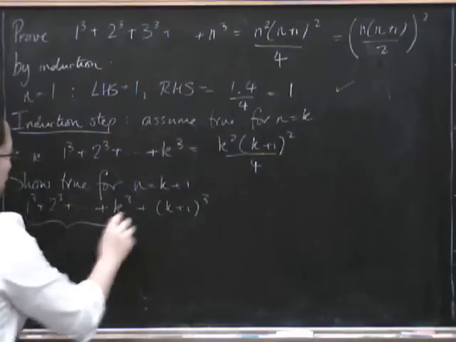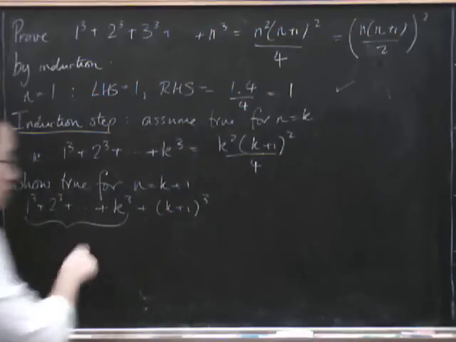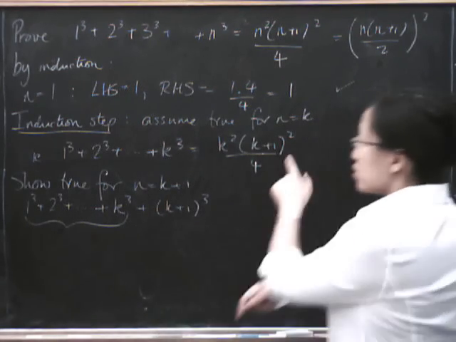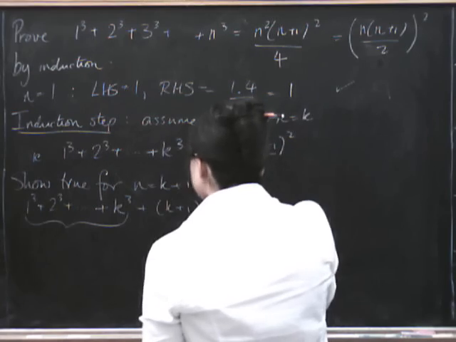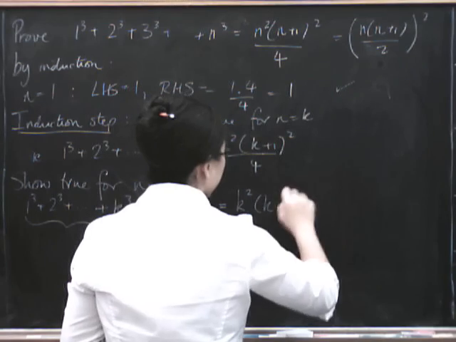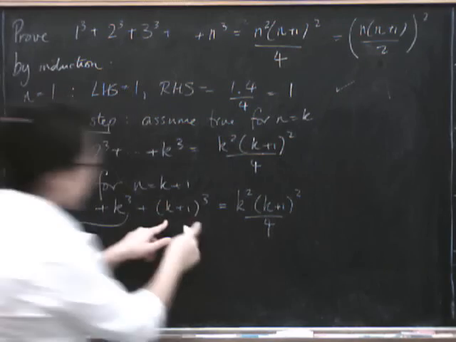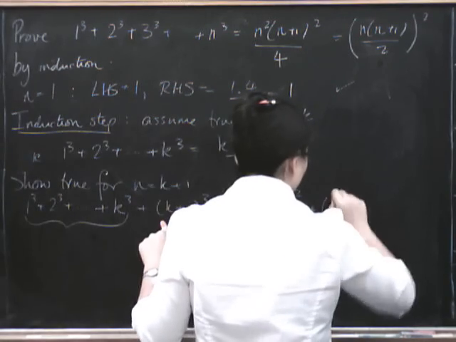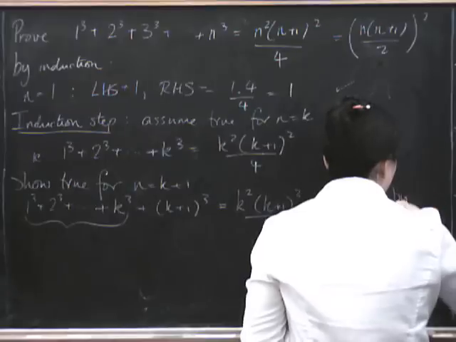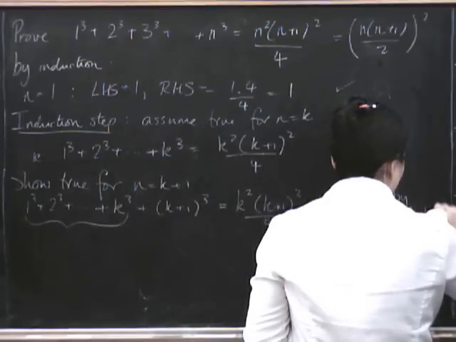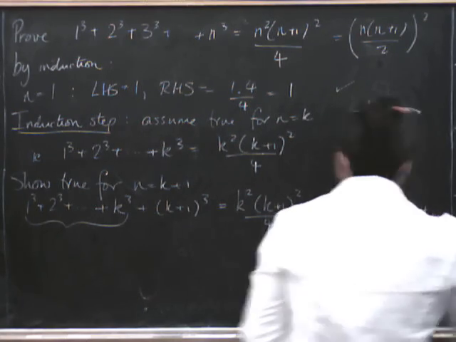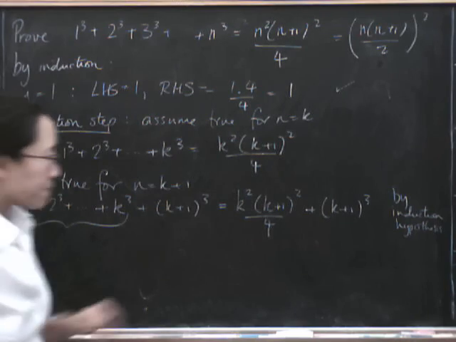Now we know what that bit is by the induction hypothesis, because we've assumed that it equals k squared times (k plus 1) squared over 4, and then we just have to add this last bit on the end, (k plus 1) cubed. The induction hypothesis is the bit that we assumed here.